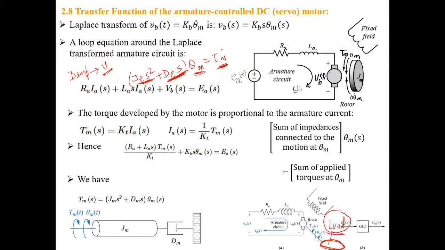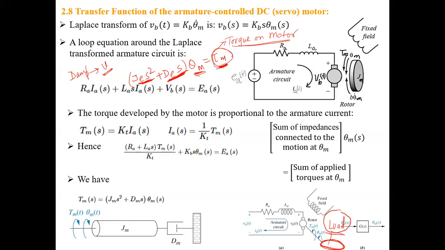So TM is what? Torque on the motor, right? Okay, guys. So when I say TM, what is the role that TM plays?